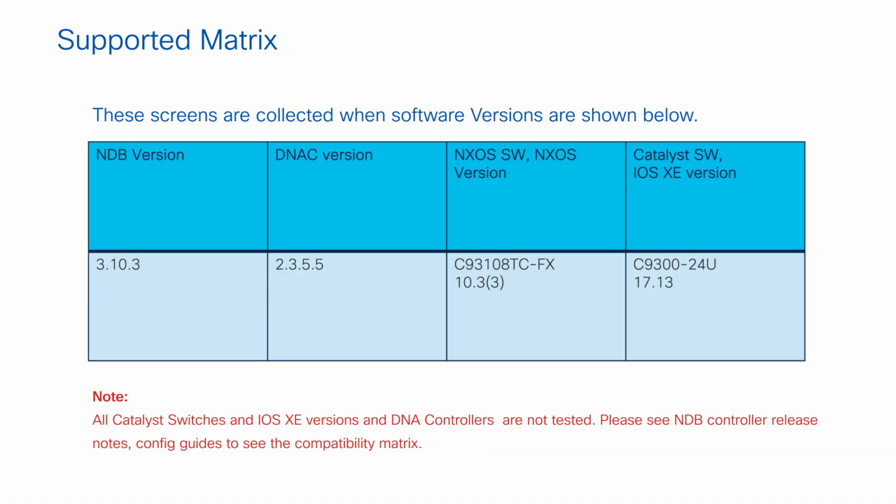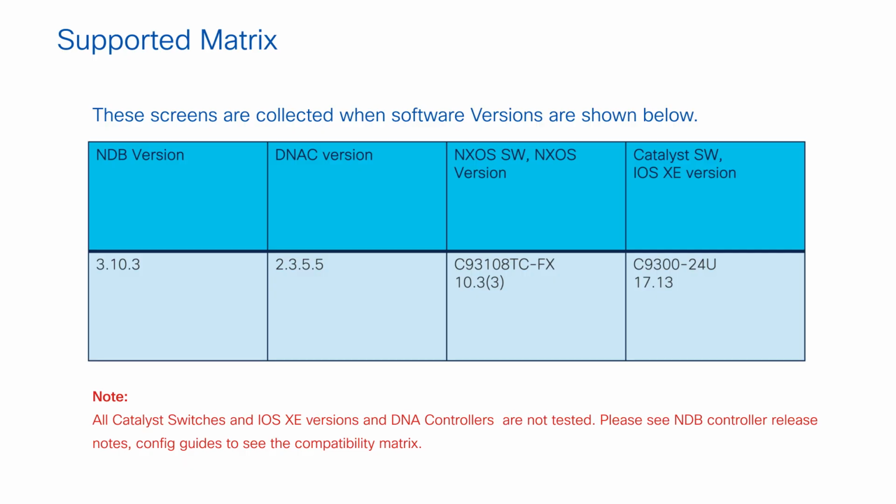Here is a quick snapshot of the supported matrix: the NDB version, which is 3.10.3, and the DNAC version we used is 2.3.5.5, and the NDB switch hardware we used is C93108TC-FX, and the NX-OS version is 3.10.3. And the Catalyst switch we used is C9300-24U, and the IOS XE version we used is 17.13.